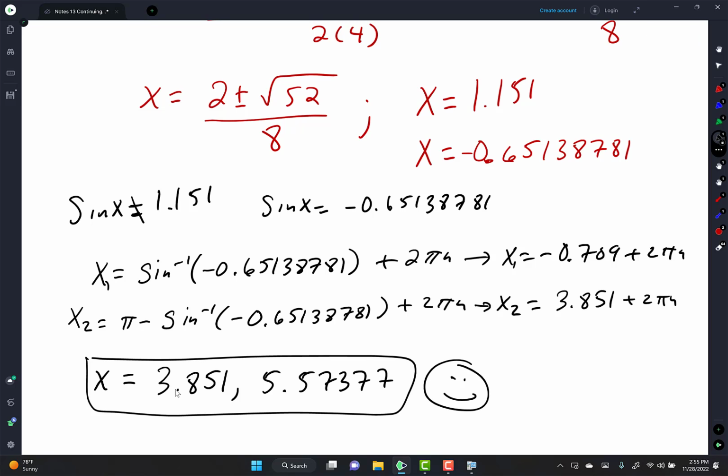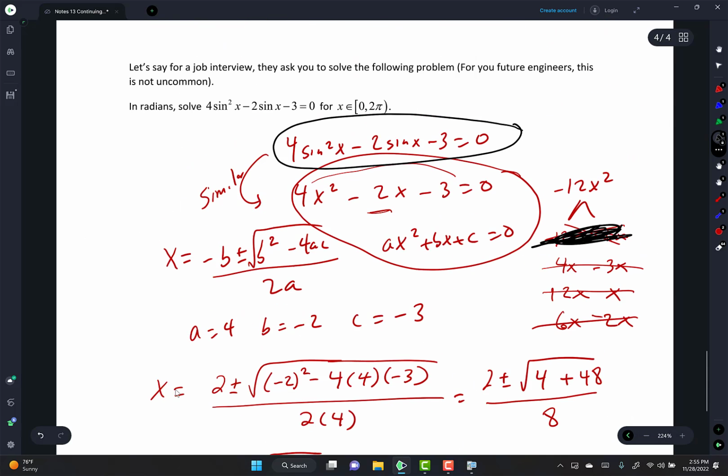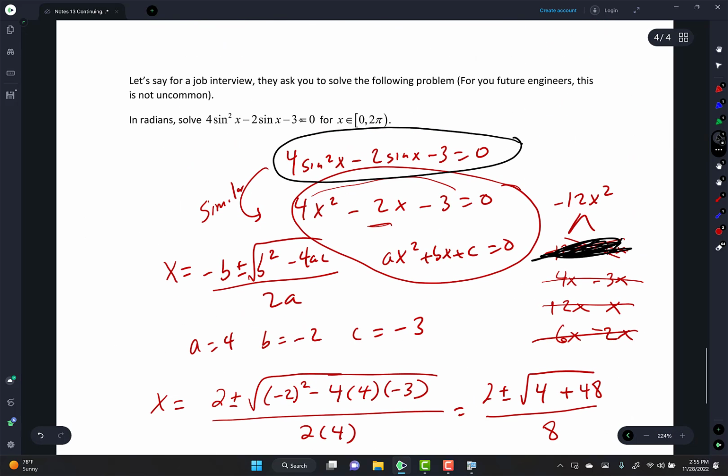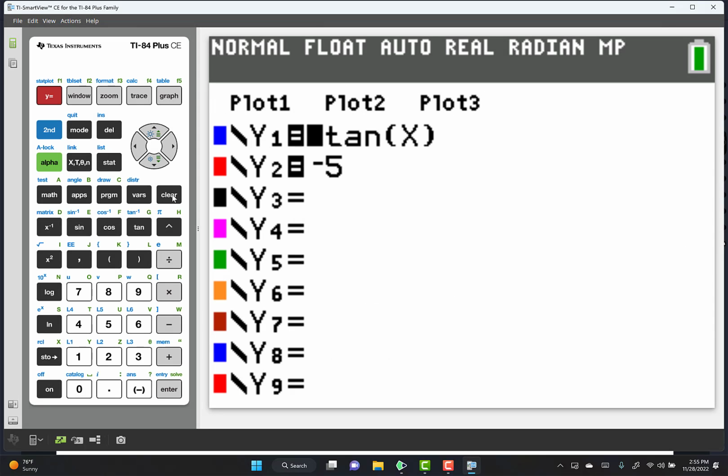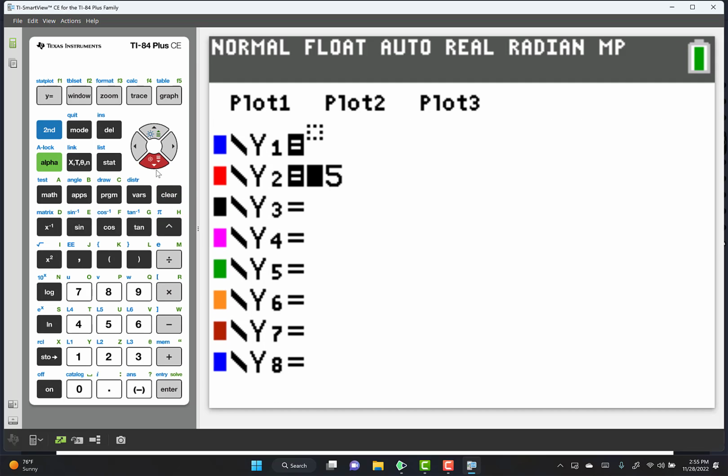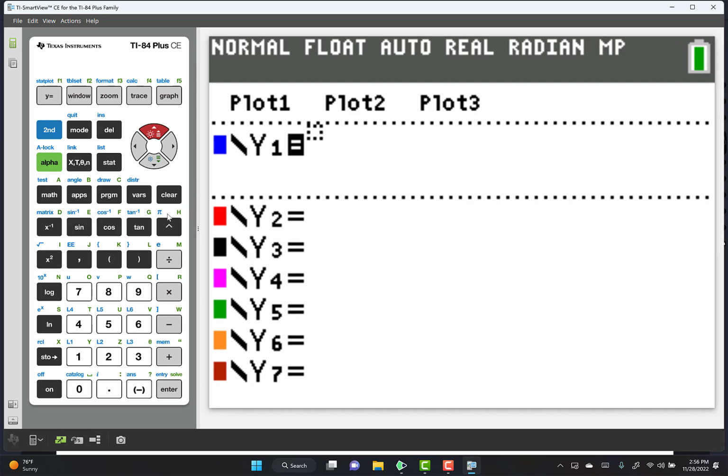Let's check if we're correct, guys, real quick. How do we check it? You can just type this into y1. You don't have to type the 0 into y2 unless you really want to. Here's how you do it. Let me clear y2 though. I'm going to push 4, open parenthesis, put sine x, close, put a square on it.